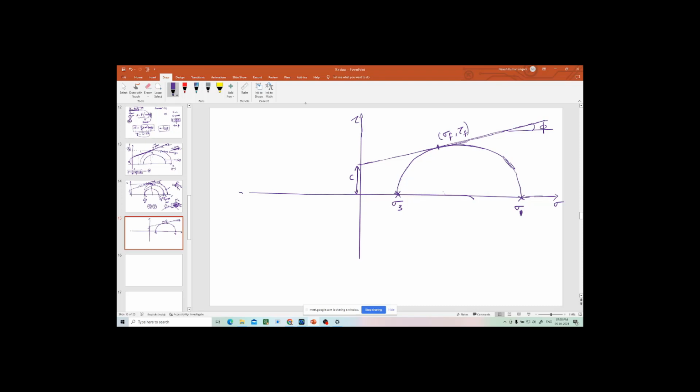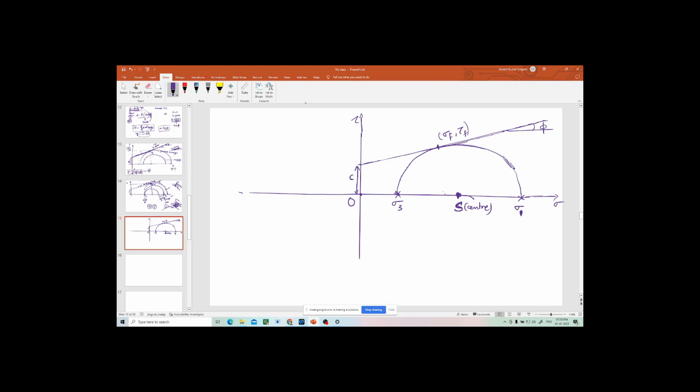Now let us say this is the center of the Mohr circle. I'll denote it by S. This point is the center, and this is origin O.